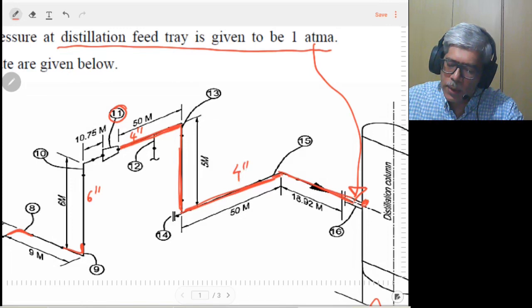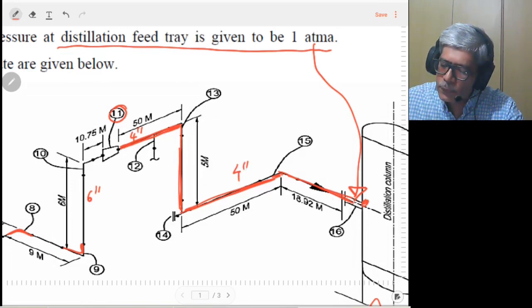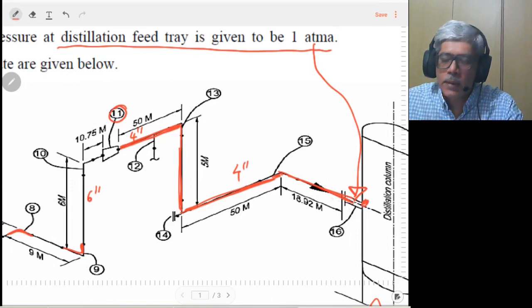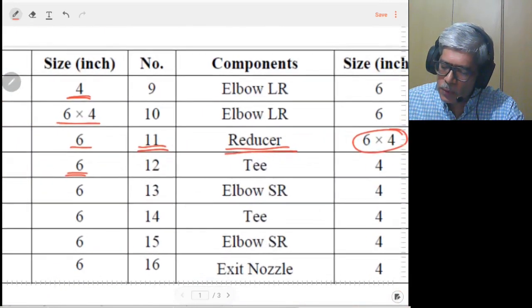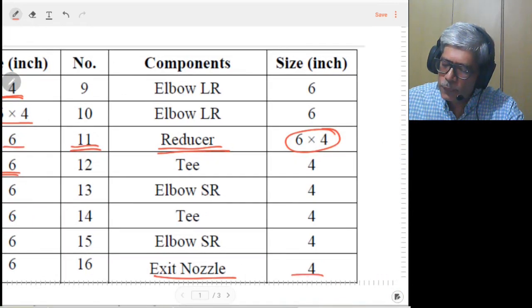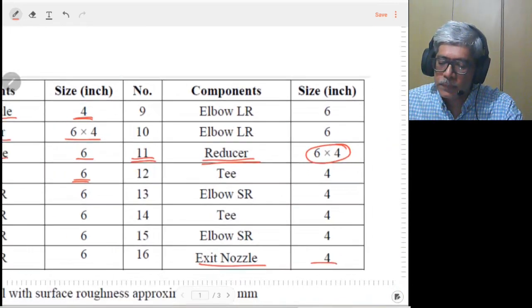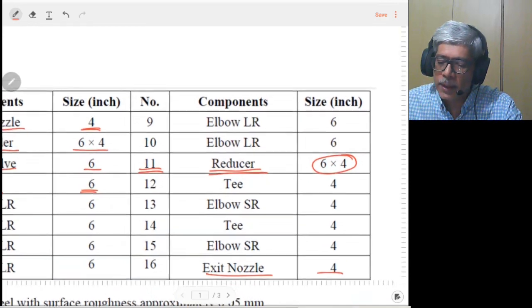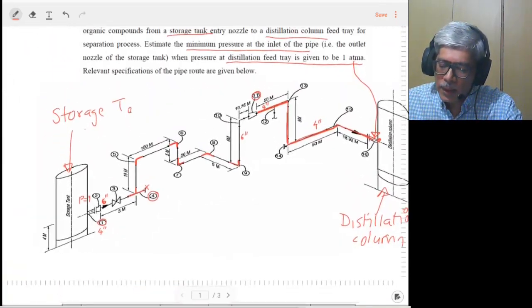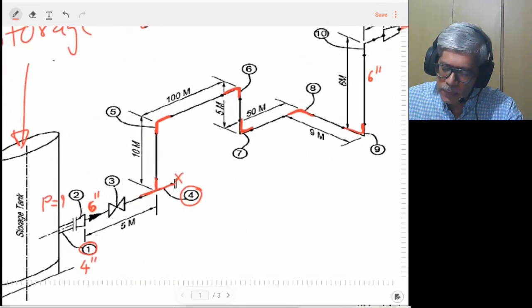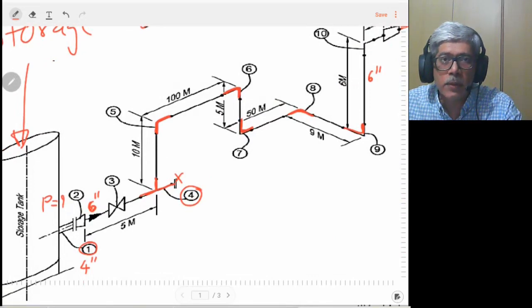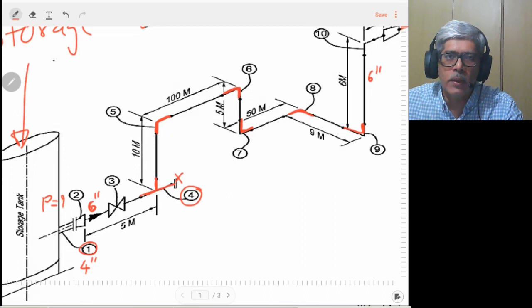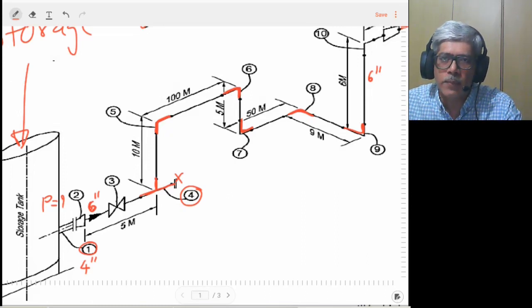All the elbows and other items which are coming here are of 4-inch size, and the pipeline ends with the exit nozzle which is of 4-inch size. So that is the data which is available. All the dimensions of the pipeline are given in this particular figure, so we know the distance between the different items.